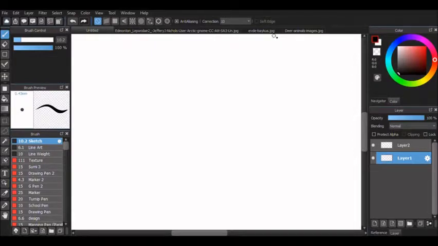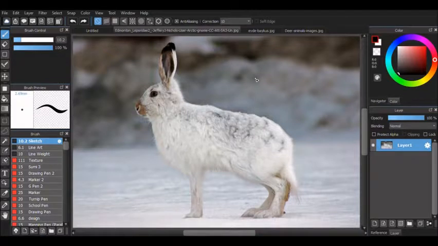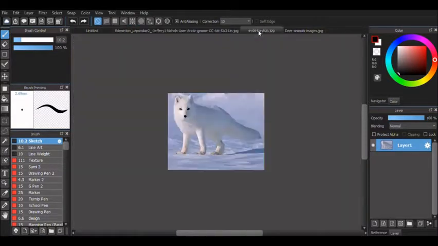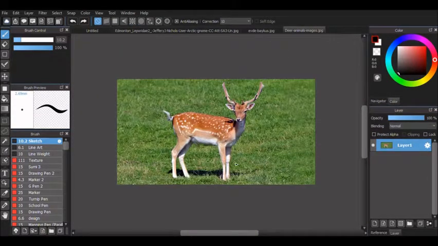I got 3 of them because usually 3 animals makes like a dragon, of course. So I got an Arctic hare, an Arctic fox, and a deer.